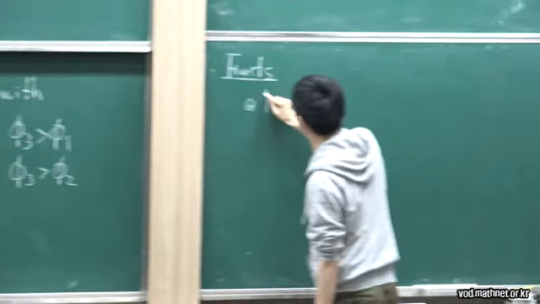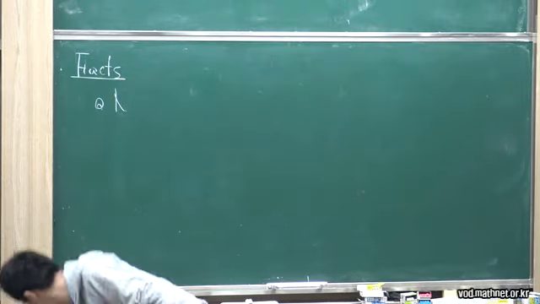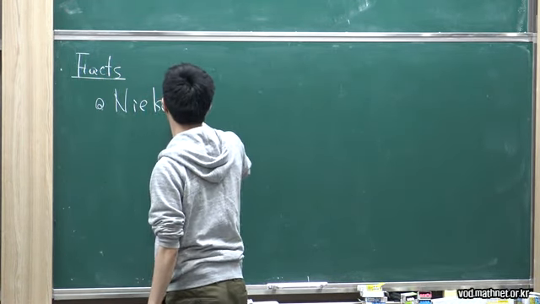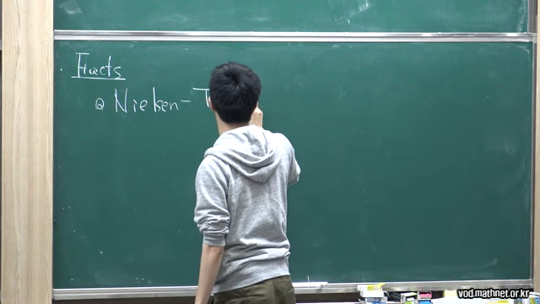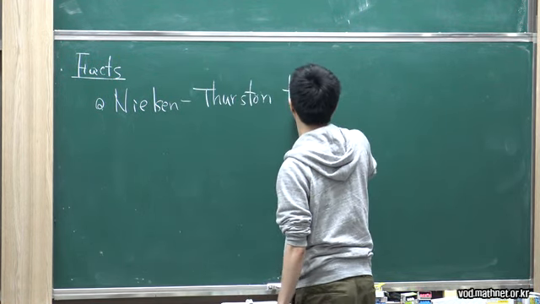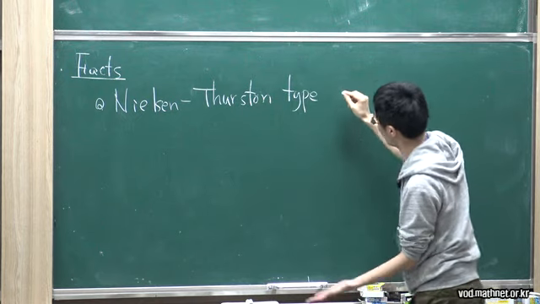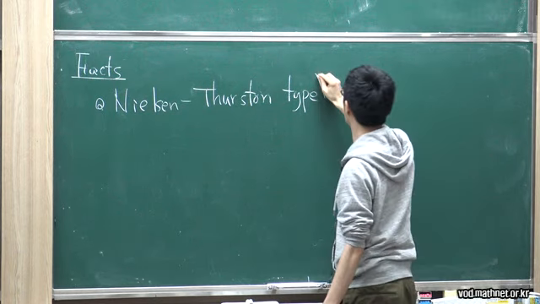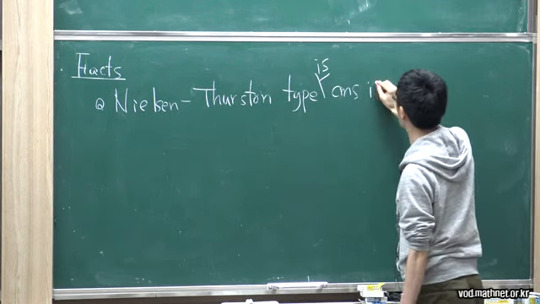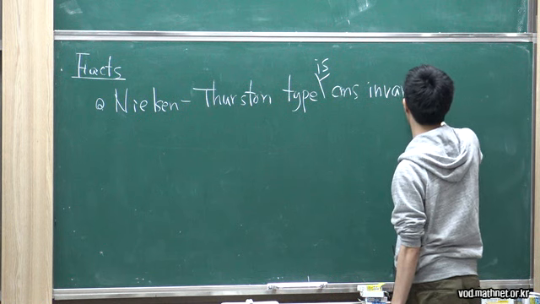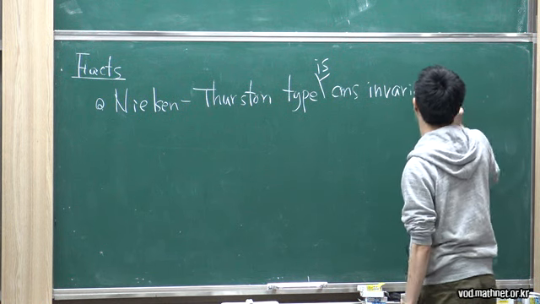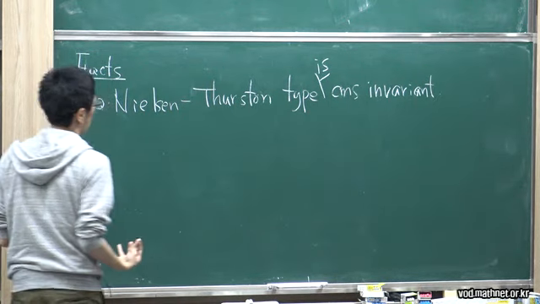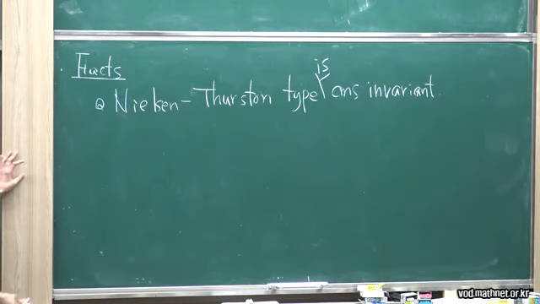The Nielsen-Thurston type is a CMS invariant. So in particular, a pseudo-Anosov element is always covered by or commensurable with a pseudo-Anosov element.